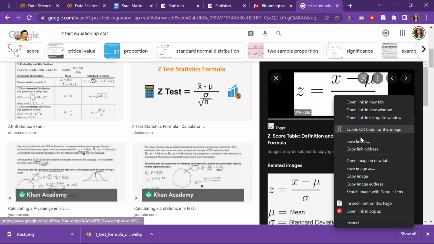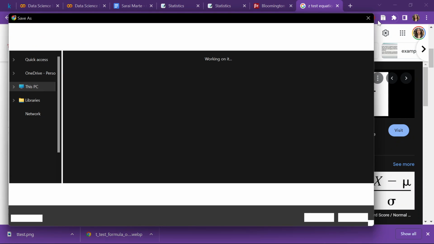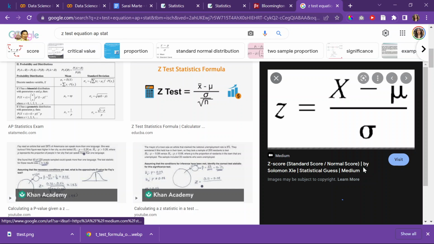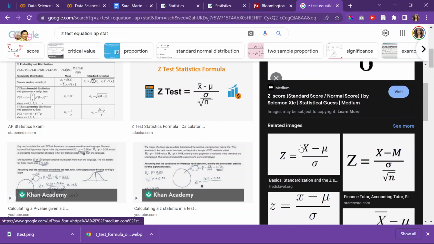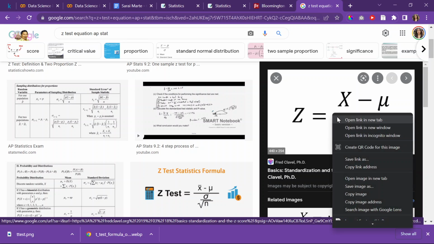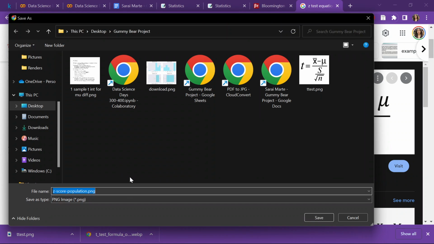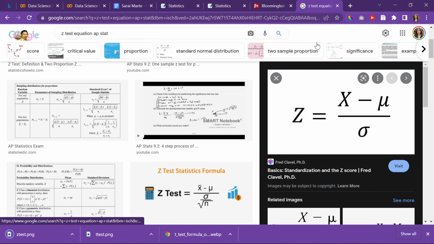Here we go, this one's prettier. Alright, save as. Actually, hold up, this one's prettier. Actually, no, this one is prettier. Yes, okay, save as. We're gonna call this Z test.